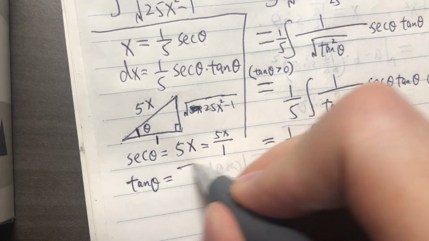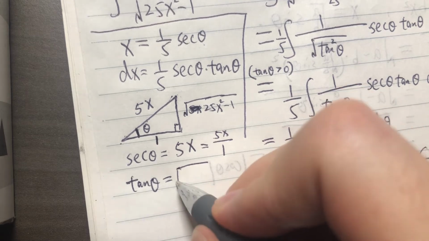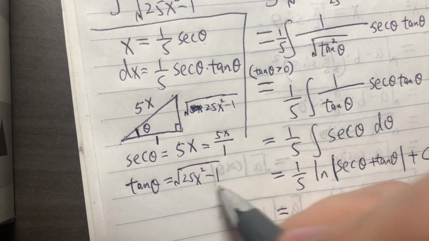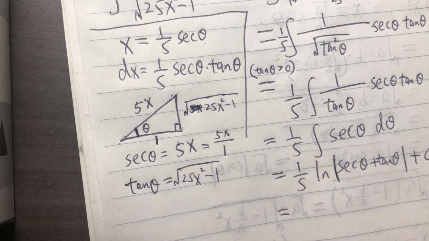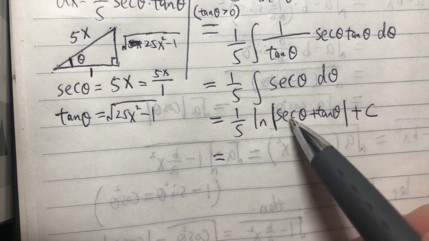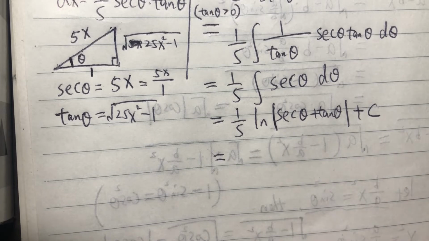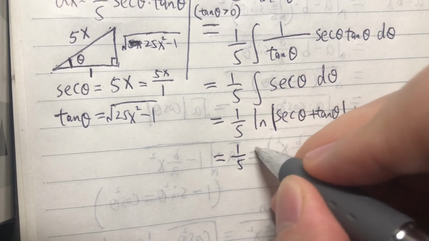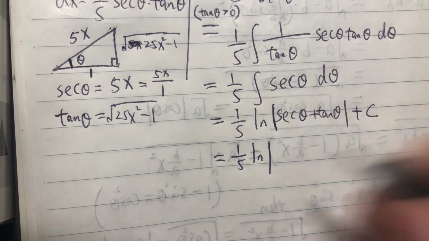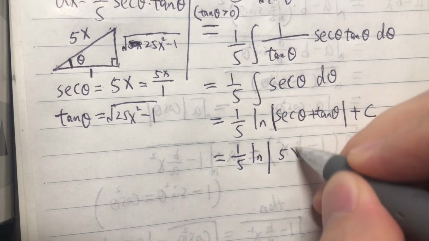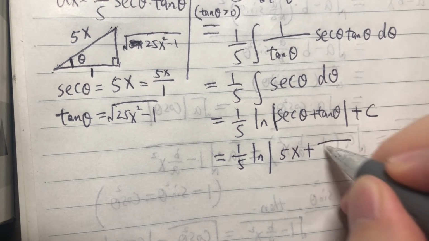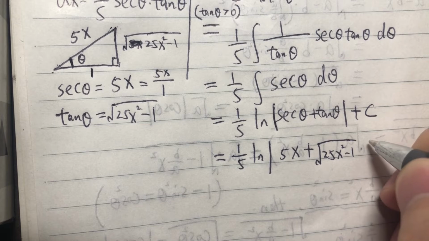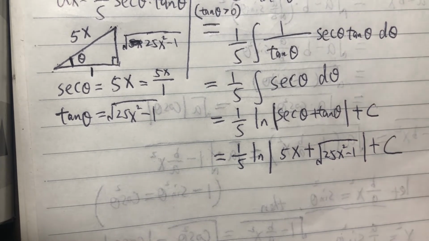So tangent theta is the square root of 25x squared minus 1, over 1. We write everything using x. It is 1 over 5 ln, secant is 5x, tangent is this, plus c.